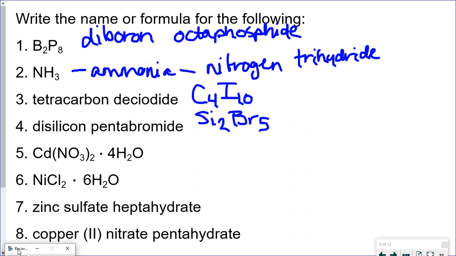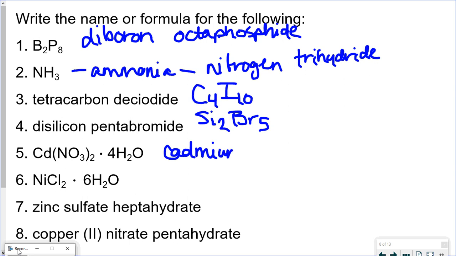5 through 8 are all hydrates. So remember, with hydrates, we're going to deal with the ionic compound first and then deal with the hydrate. So for number 5, we have Cd(NO3)2·4H2O. Cd is cadmium.